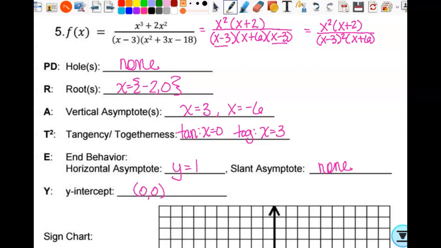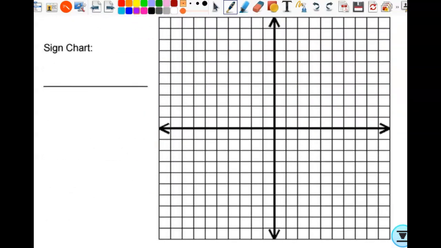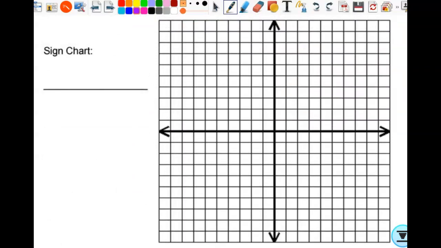Okay, so we are going to rewrite the factored form down here. Got f of x is equal to x squared times x plus 2 over x minus 3 squared times x plus 6. All right, so I have 4 things that go on here.